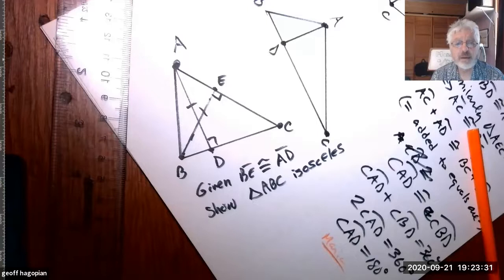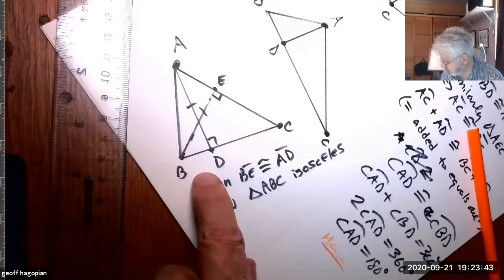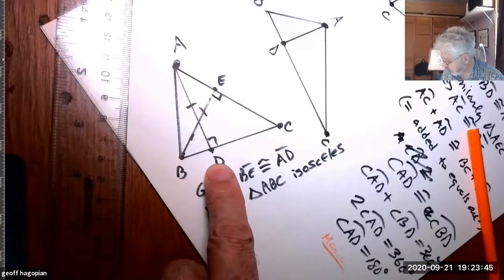with common angle ADC, what am I looking at? ADC and BEC. Oh, with common angle C, right.